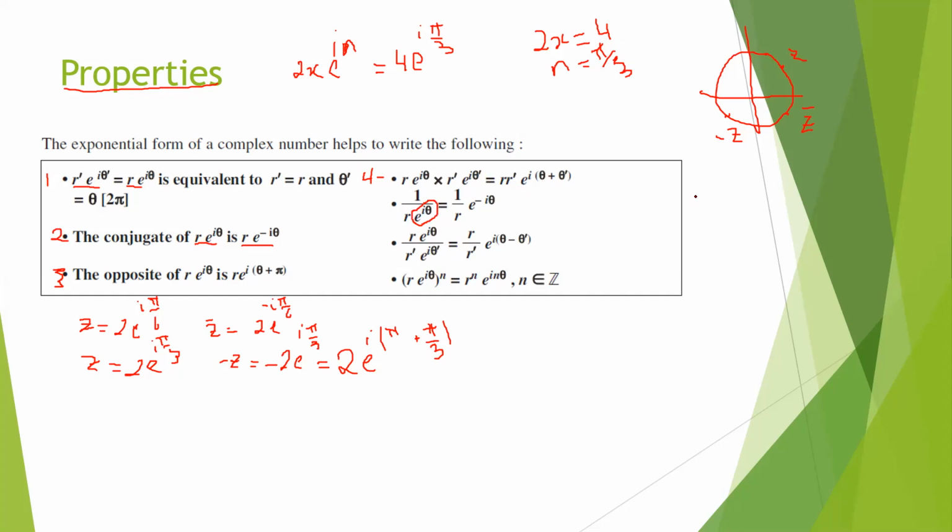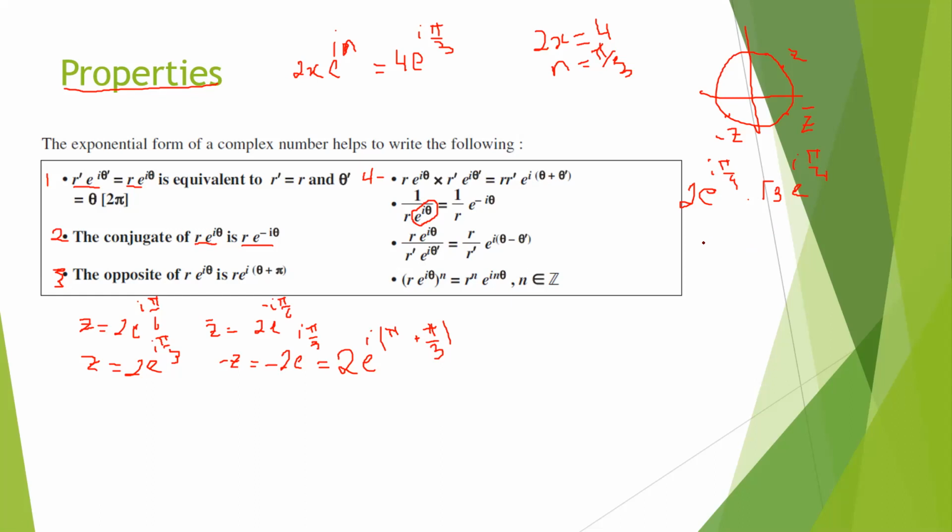For example, if we need to multiply 2 e to the i pi over 4 times radical 3 e to the i pi over 4, what will it give? Will it give 2 radical 3 e squared?